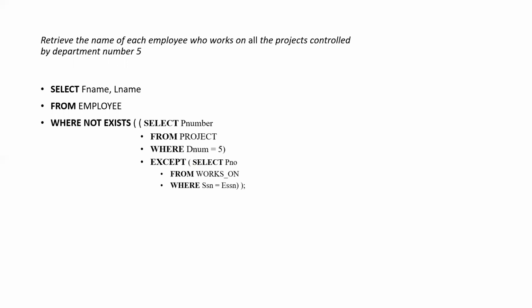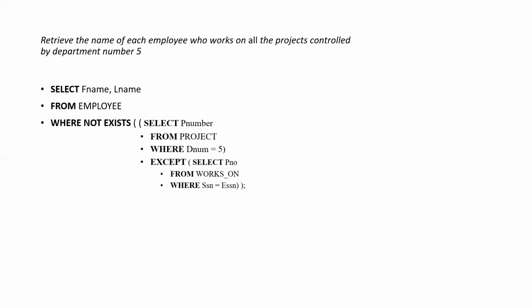Select project number from project where department number equals 5. That means here we are selecting all the project numbers which are controlled by department number 5.